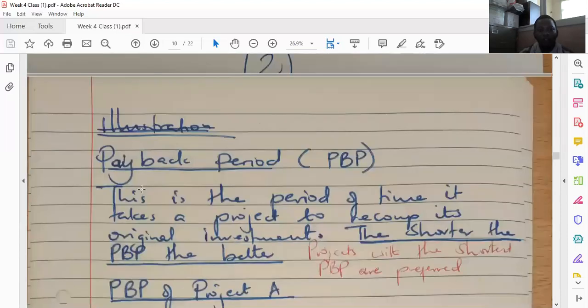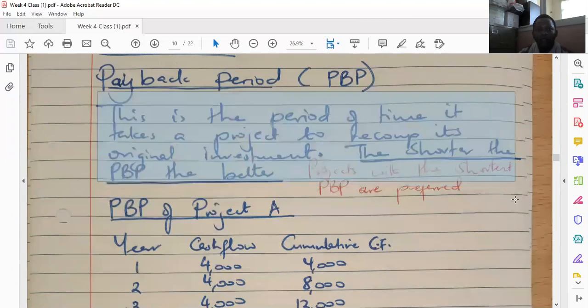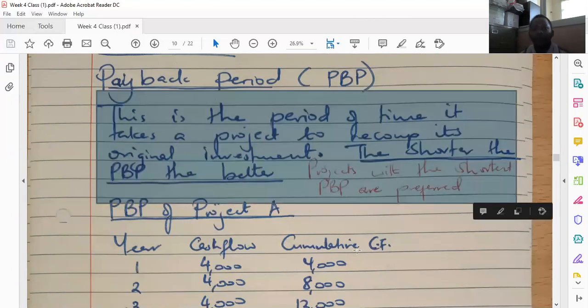You begin with the first capital budgeting technique, the payback period. This is a non-discounted cash flow technique. It doesn't take into consideration the concept of time value of money. So what is a payback period? This is the period of time it takes a project to recoup its original investment, the period of time a project will recover the money invested into it.